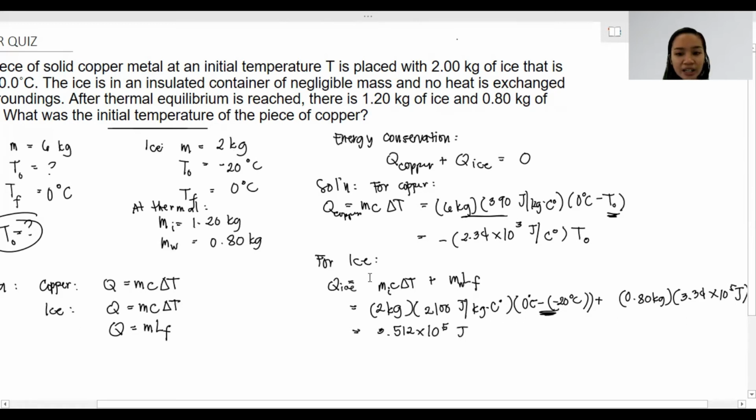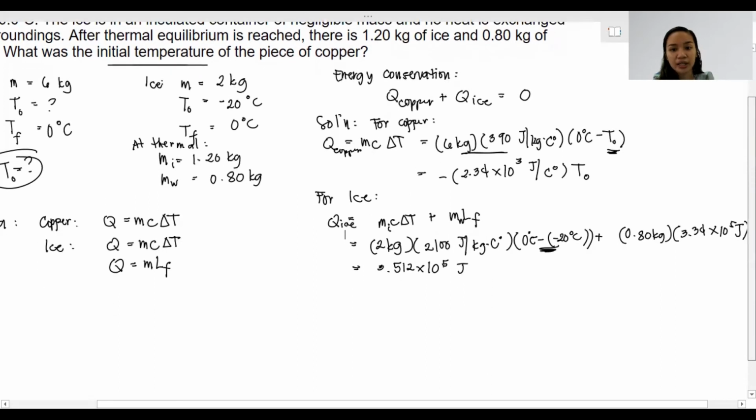Now we'll go back to our energy conservation equation. So for our energy conservation, we have Q copper plus Q ice is equal to 0. So I can write this as Q copper equal to negative Q ice.